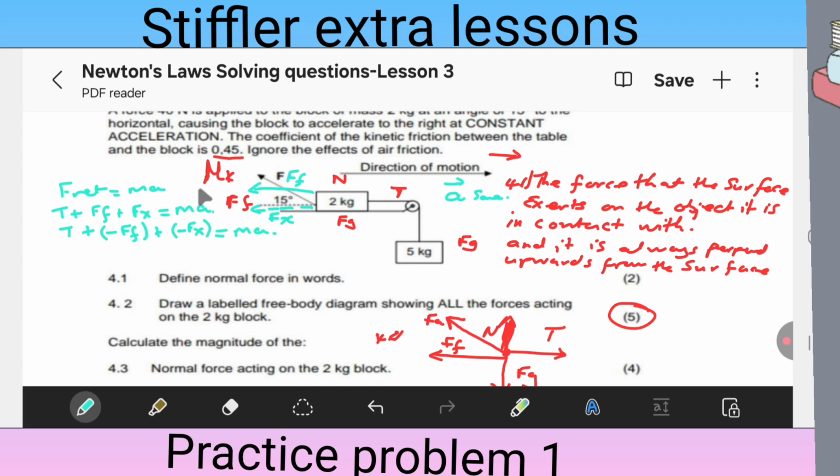So F at x, how do you calculate F at x? We know that F of x is equal to F cos of theta.